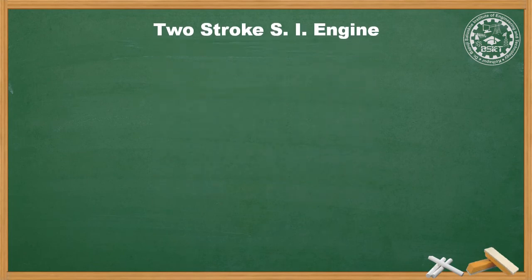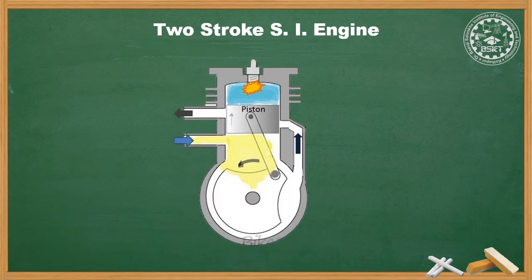The two-stroke IC engine is similar in construction to the four-stroke IC engine, except that the valves are replaced by ports, as shown in the figure. The two-stroke engine consists of the cylinder piston assembly, connecting rod, crankshaft, cylinder head, crankcase, and ports such as the intake port, exhaust port, and transfer port. The closing and opening of the ports is controlled by the movement of the piston. The inlet valve provides the fresh charge.